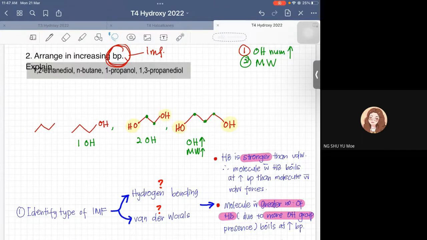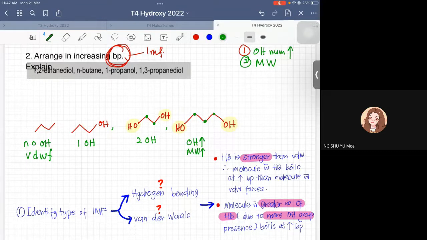Walaupun dia ada 4 carbon, but no hydrogen bond. Kalau dia no OH group, only weak van der Waals force. Okay, so macam ni nak explain.